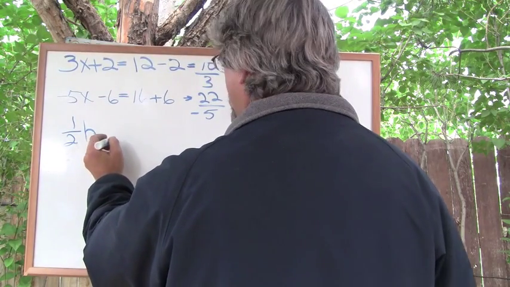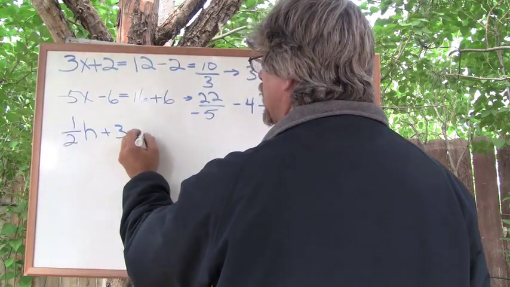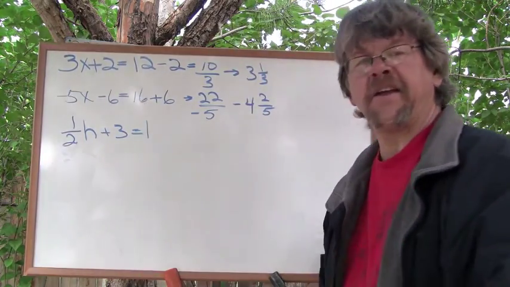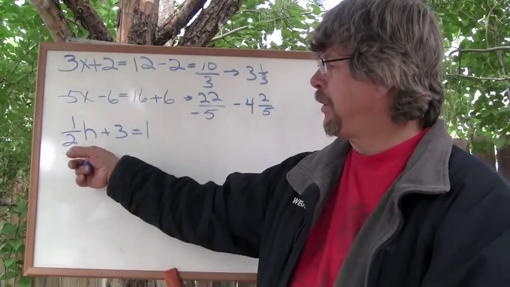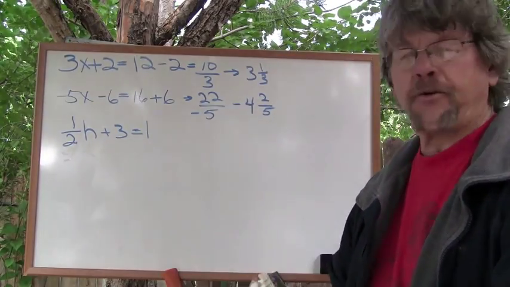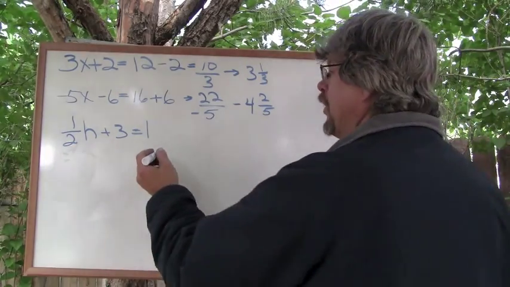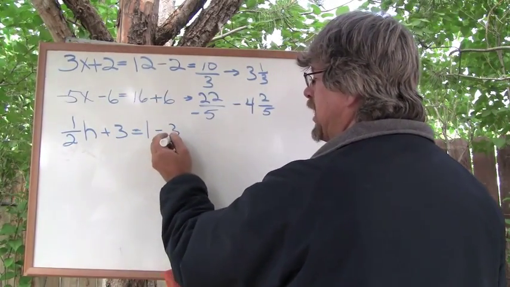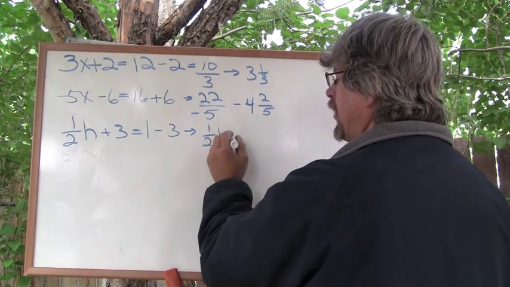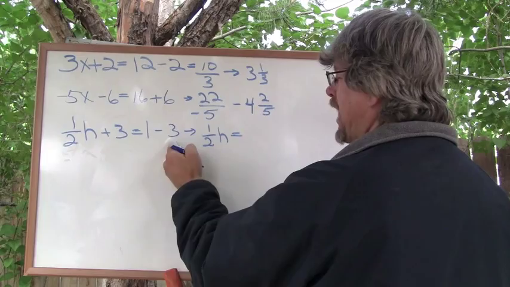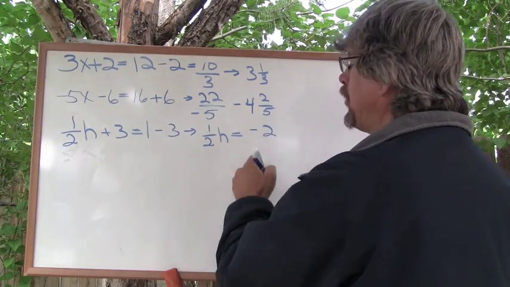h plus 3 equals 1, it is the exact same principle. Someone's come along and multiplied a half to our h and added 3. How do we isolate the h? We subtract 3. So now we have 1/2 h equals 1 minus 3 is negative 2.